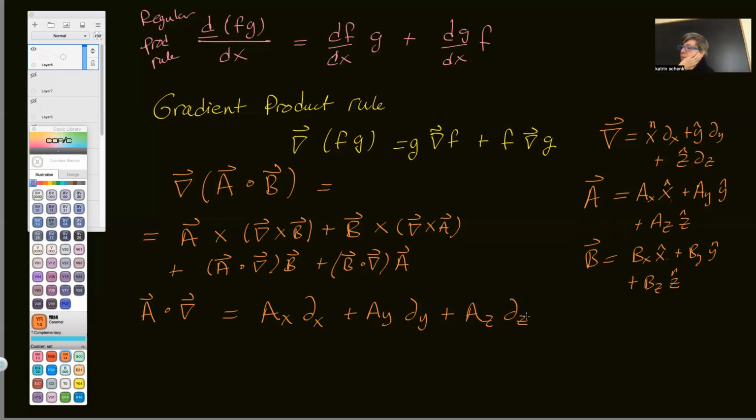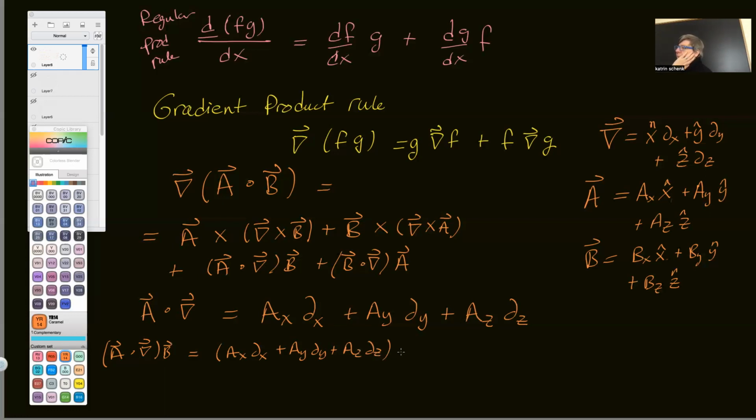Okay, so A dot del acting on B now is, let's write it out, A_x partial x plus A_y partial y plus A_z partial z.